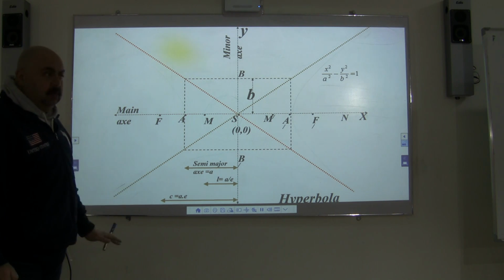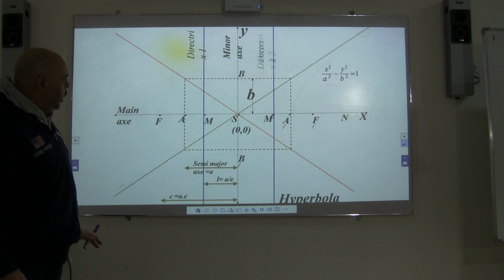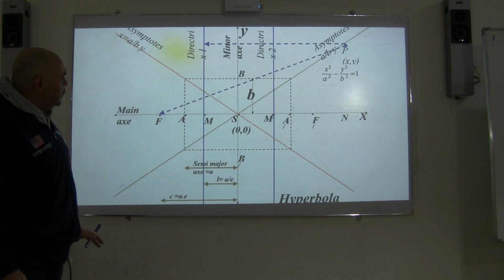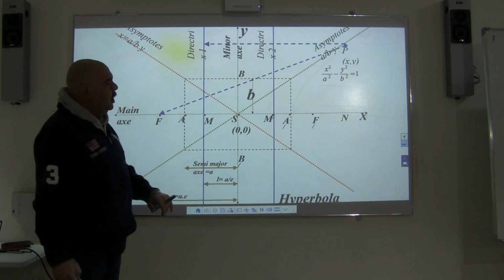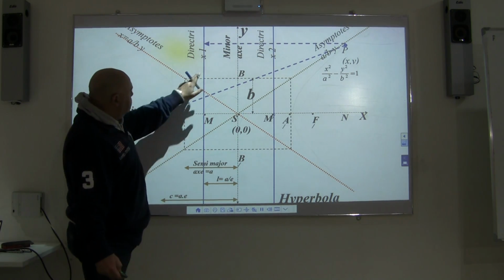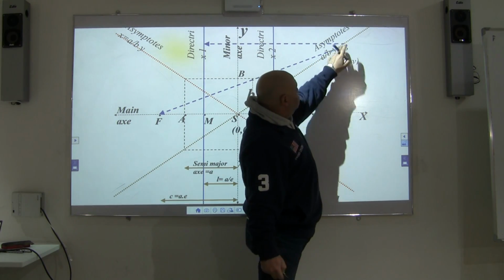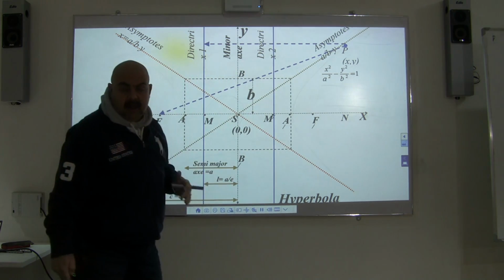So these also, as the distances I told you about, are the two directrices, and here is the point, the distances between the focus and the directrix. Once more, if I dealt with this focus, this is going to be its directrix. If you decide to use this point with this focus, this is going to be its directrix.